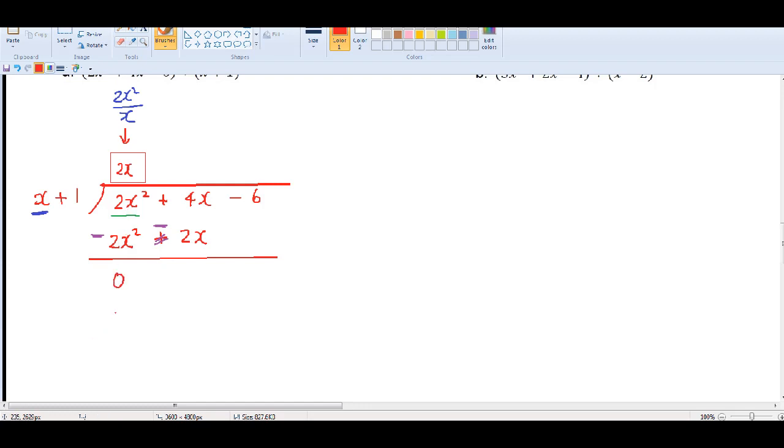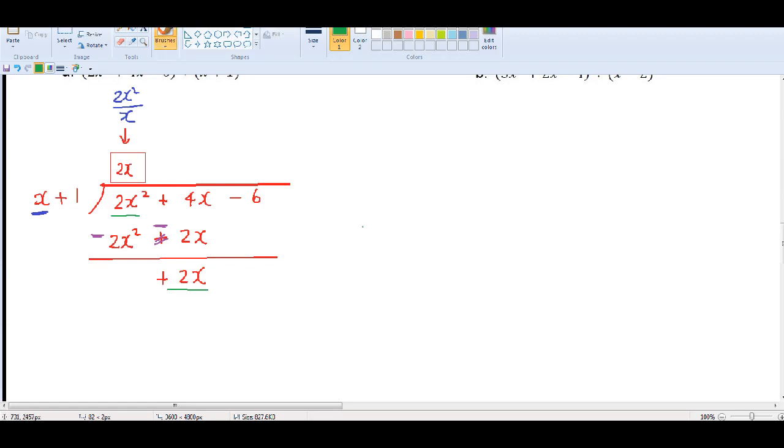And 4x plus minus 2x, 4 minus 2, is simply plus 2x. That 0 should not be here anymore, so just cancel it. The leading term now is 2x, no longer 2x squared.